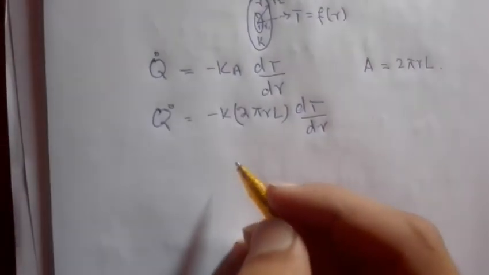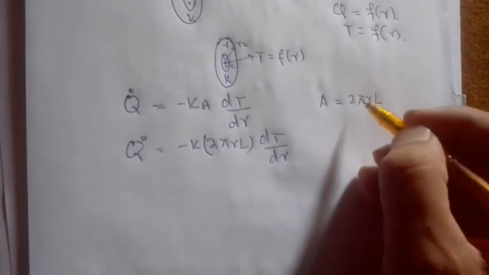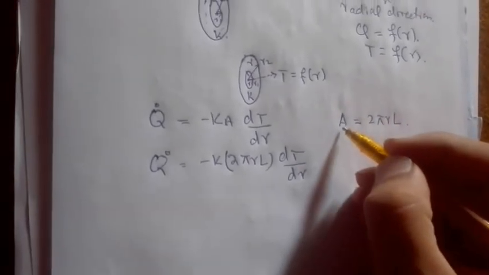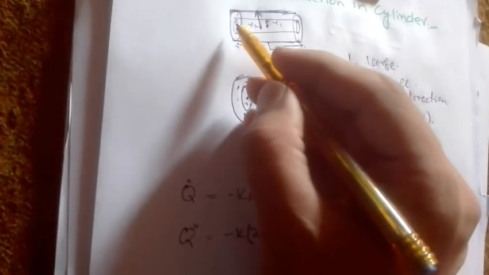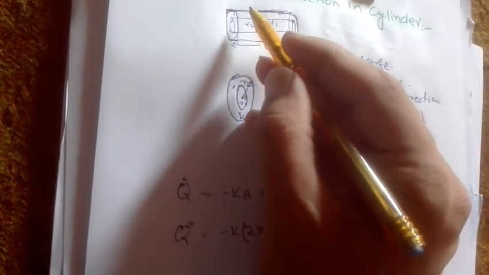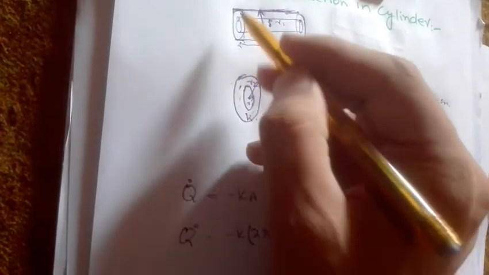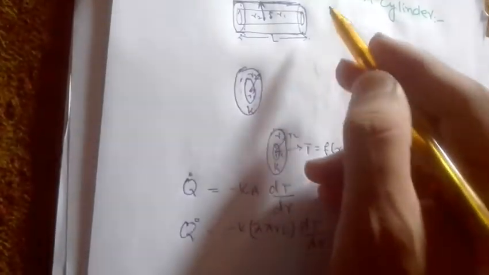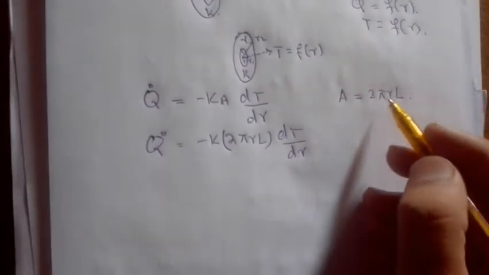Now we know that as r changes, the area also changes. When the radius of the cylinder changes, the area also changes with r.